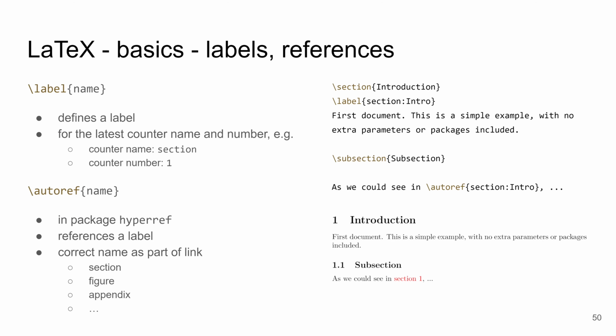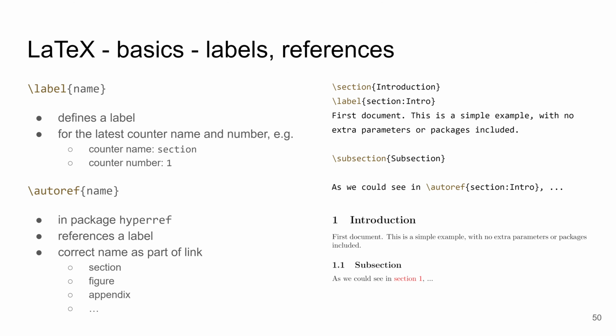It is implemented in the hyperref package, and it references the label, but it references it in a correct way. It deals with the proper name of that label, such as section for sections, figure for figures, and so on. So you don't have to actually think about it in your text, whether you are referring to a figure or a section or something else.